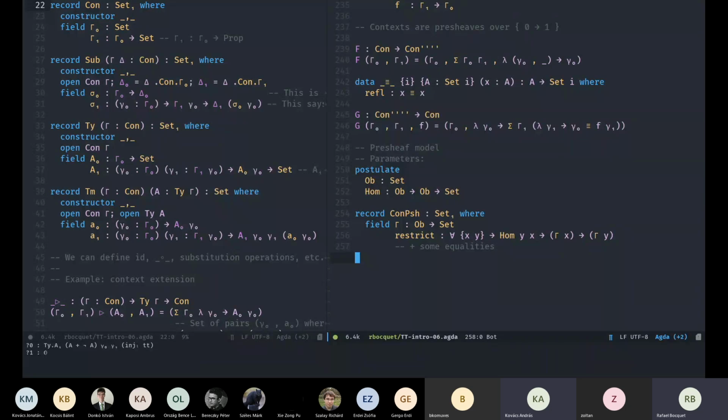What about the pre-sheaf model? Yeah, I guess. I'm looking at what was planned in the first file, and I see pre-sheaf models and the canonicity model, and maybe a normalization proof.